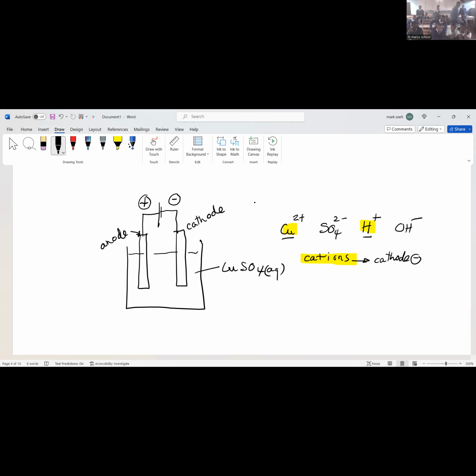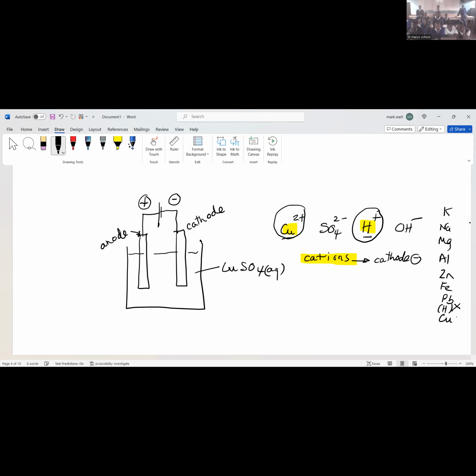Then I need to know, and we did this a few weeks ago, the reactivity series of the metals. So I'm only going to do a few of them here. And you need to know that hydrogen comes in here. So this is the reactivity series of most of the metals. And when you're looking at electrolysis, you compare the 2 cations and you say which one is lower in the reactivity series, and that one will be produced.